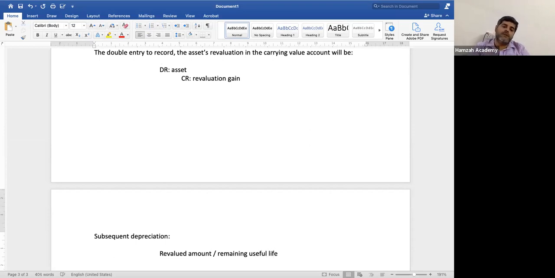This is the revalued amount divided by remaining useful life. This is how you charge the depreciation on this.